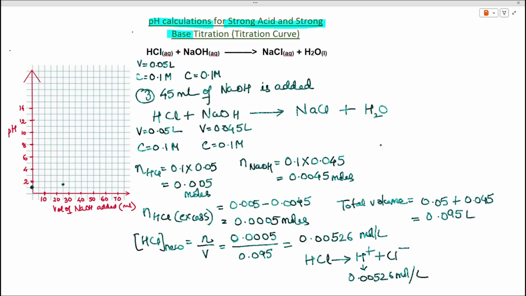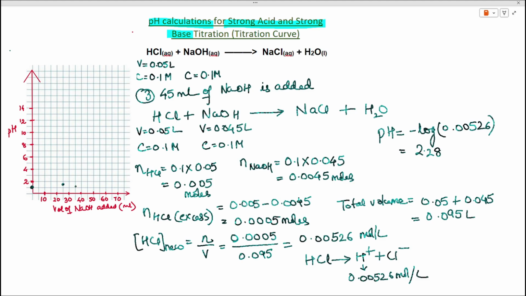And now we'll use this concentration in the pH formula. So pH is going to be equal to negative log of 0.00526. And this gives us 2.28, which is approximately 2.3.